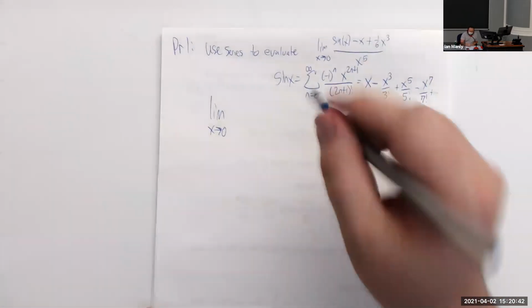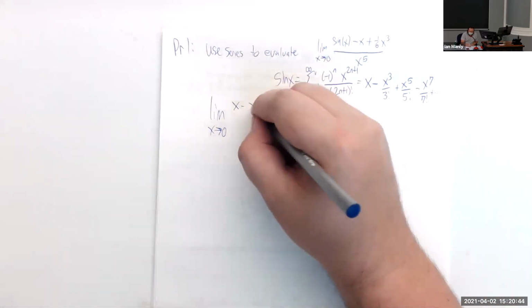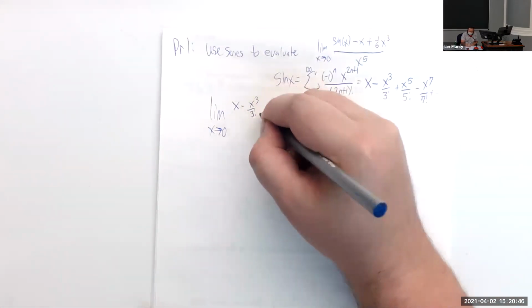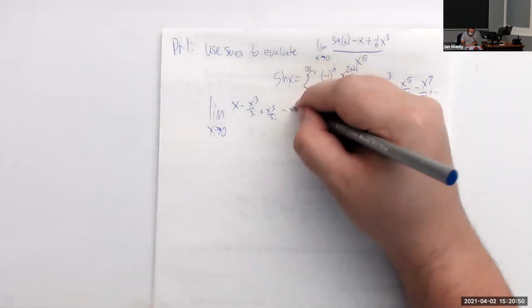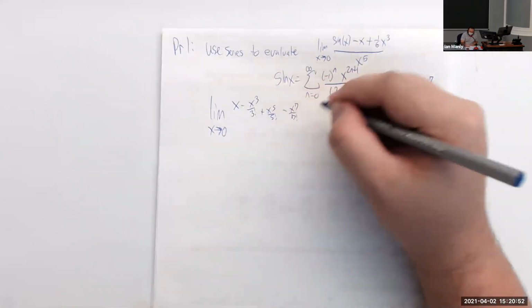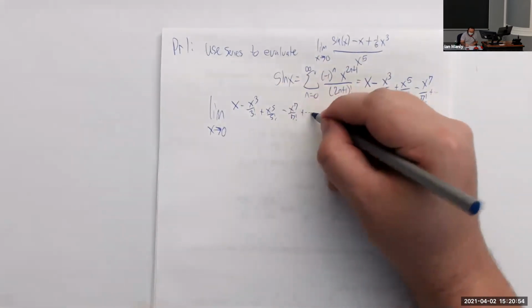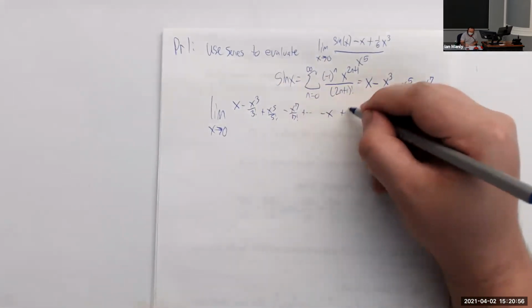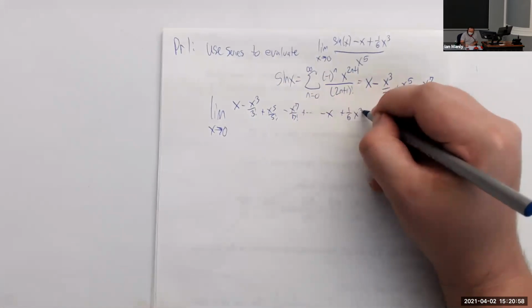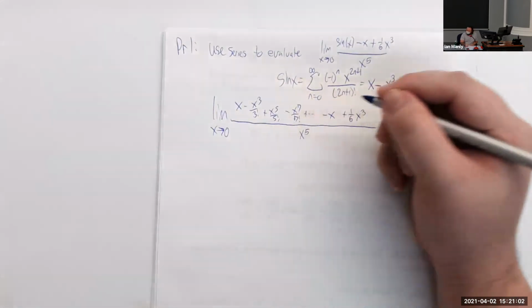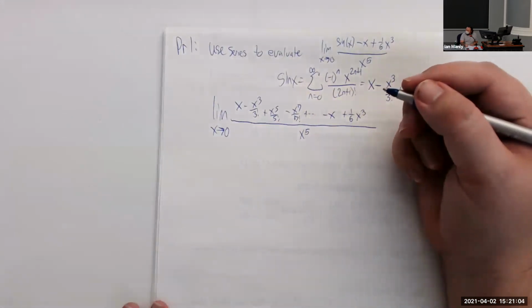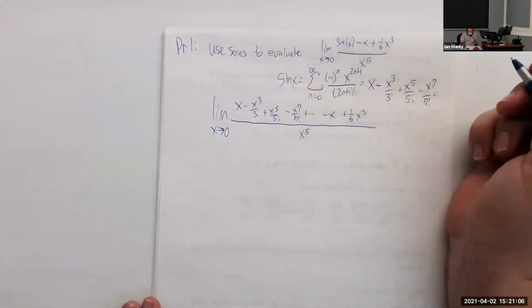I'm going to substitute that in for my limit, and that goes on forever. We have minus x plus 1/6 x cubed, all of which is divided by x to the 5th.